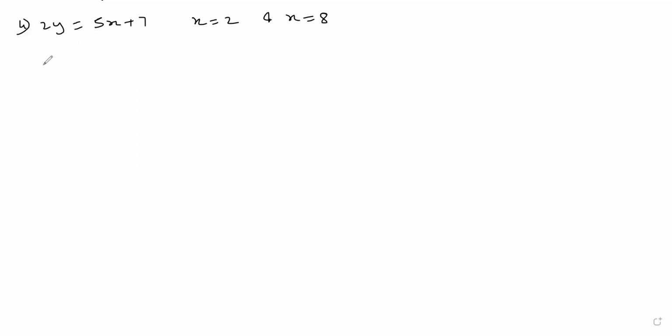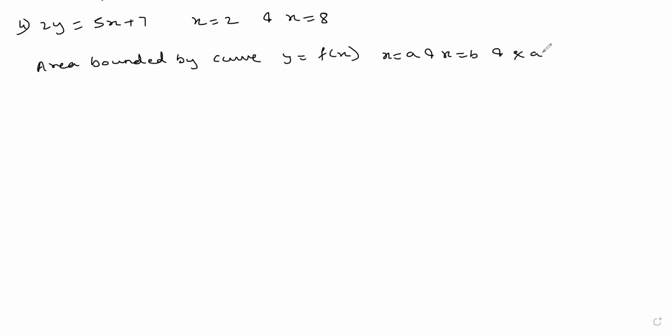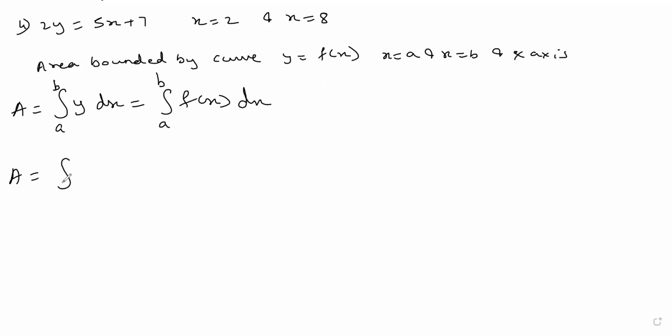You want the area bounded by the curve y is equals to f(x), x is equals to a and x is equals to b, and the x-axis. It is integration from a to b y dx is equals to integration from a to b f of x dx. So the area will be integration running from 2 to 8.